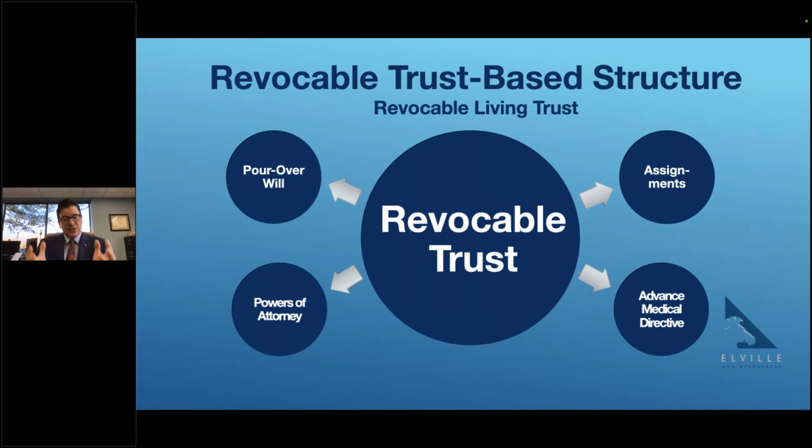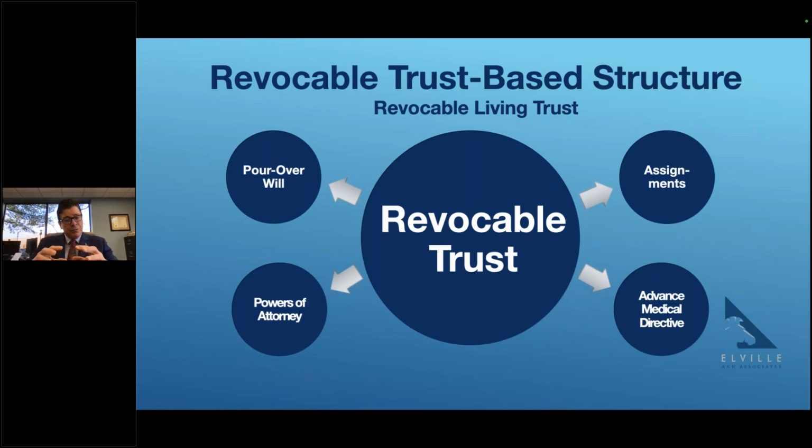And that is designed to really become the catch-all and make sure the assets end up back into the trust, even if they're not properly funded. But again, we talked about plan failure earlier, and we don't want to have a revocable trust that would actually not work as intended. We don't want to have a trust that would fail.